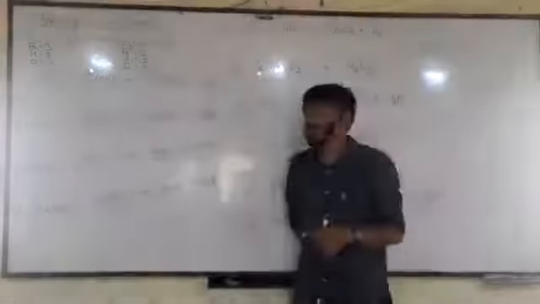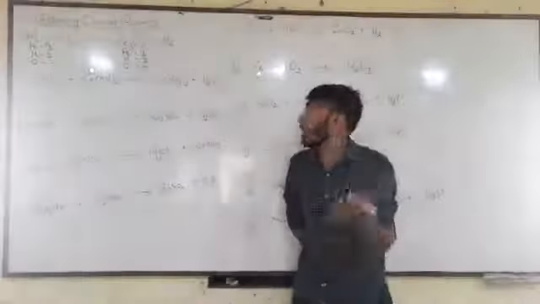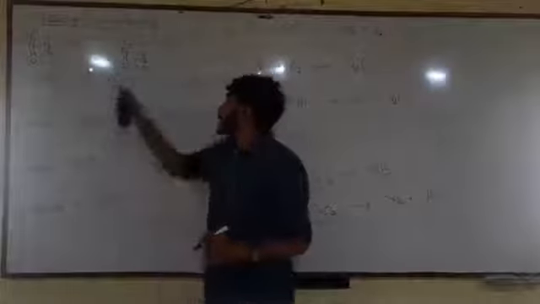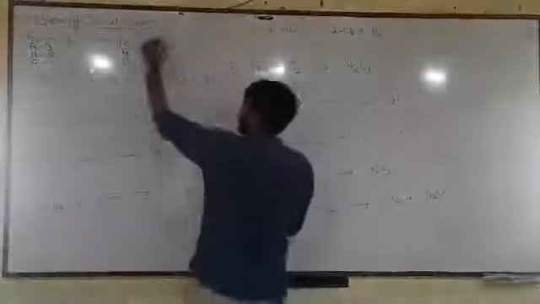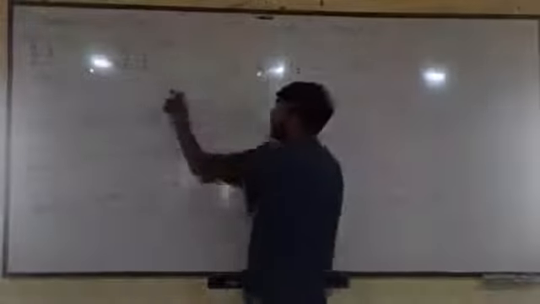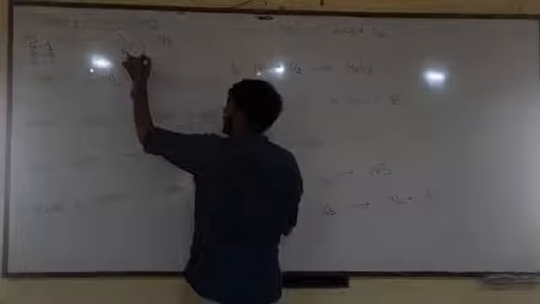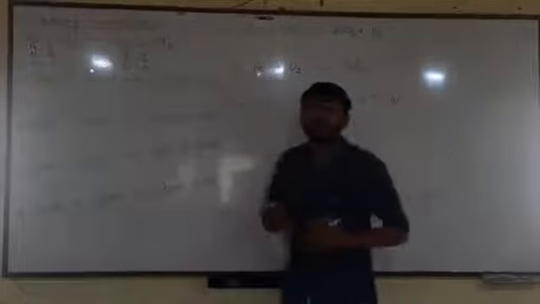Oxygen is balanced, but what happens about hydrogen? Now hydrogen will increase. As you can see over here, 4 2s are 8. Then I am having only 2 hydrogen over here. The same thing I can do over here: if I multiply 4 with hydrogen, then 4 2s are 8.